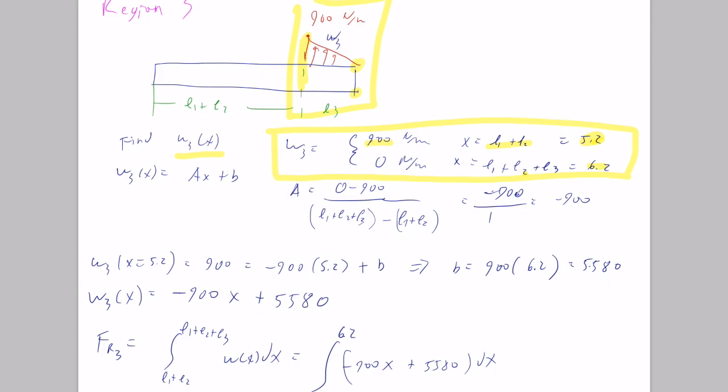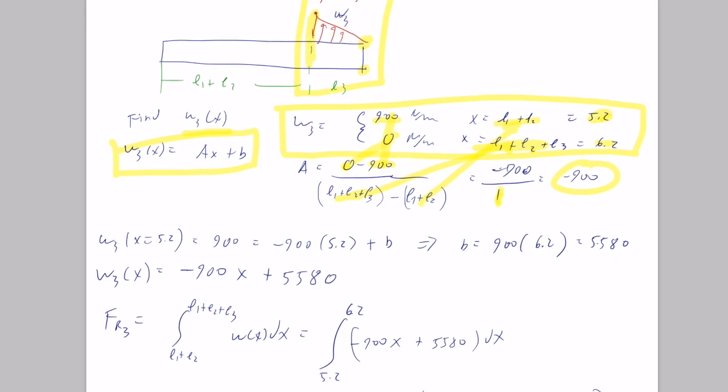Okay? So now our equation for this region, because it's a linear line, follows AX plus B. So where it ended up, that's 0. Where it started, that's 900. Okay, and then where it ended up in X goes right there, and where it started in X goes right there, and that just gives us negative 900, because the length of this section of the beam was 1 meter.